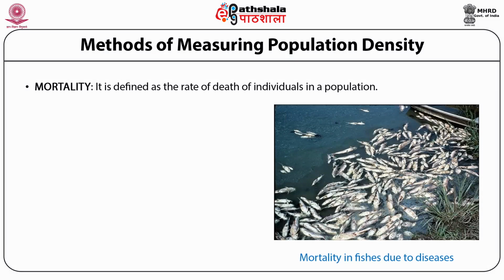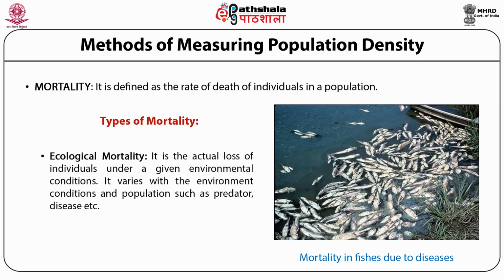Mortality. It is defined as the rate of death of individuals in a population. Mortality can be of different types, and it is generally categorized into two types. The first is ecological or realized mortality.